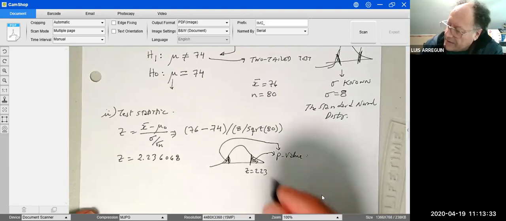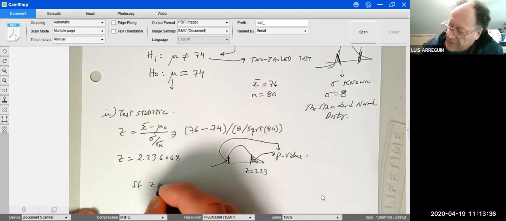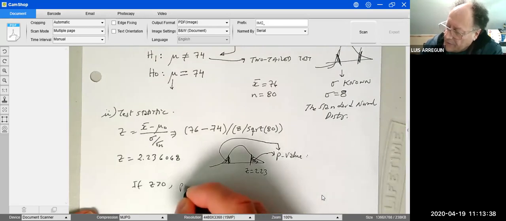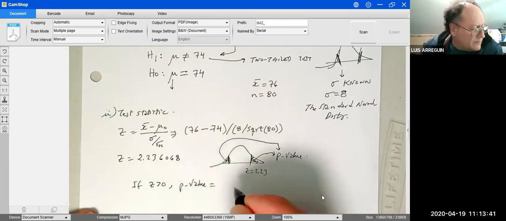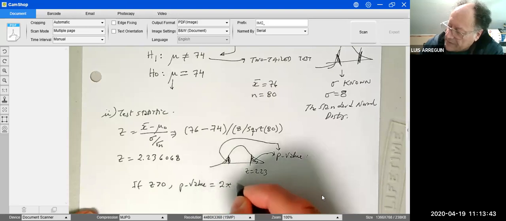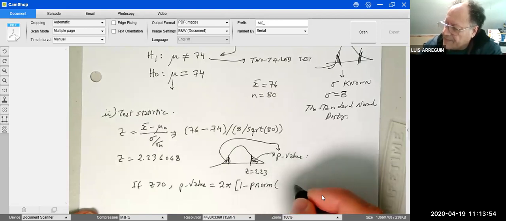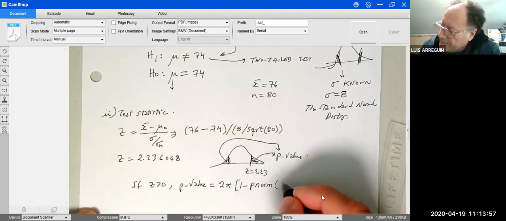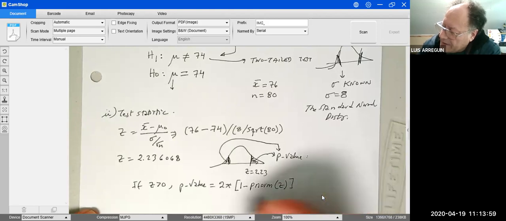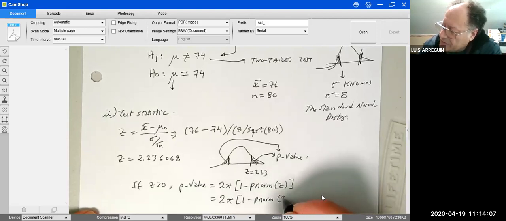The way that you're going to get it, when you have a z-score greater than 0, is that your p-value is going to be 2 times 1 minus pnorm of your z, your test statistic. So in this case it is 2 times 1 minus pnorm of z, which is 2.23.